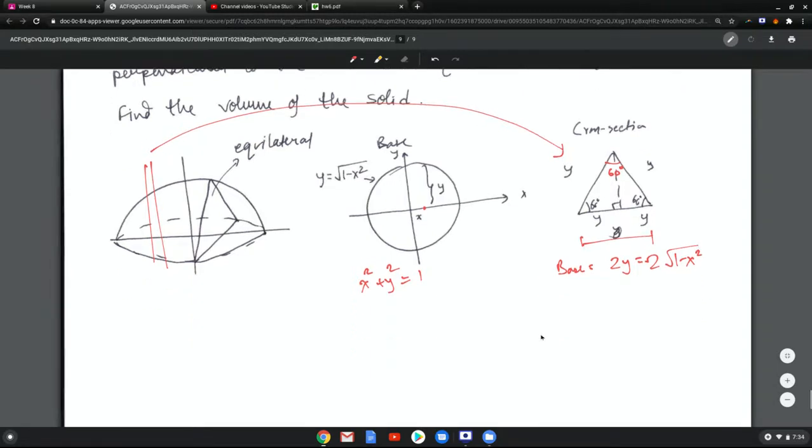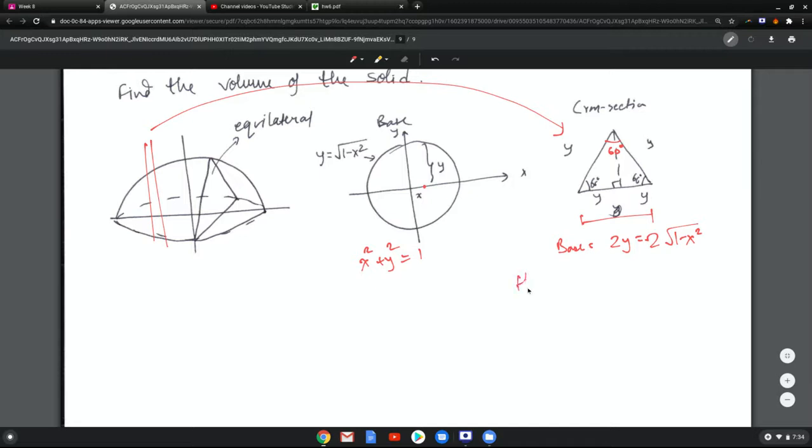Now, the height of an equilateral triangle is root 3 times y, which you can figure out using trigonometry. And that's going to be root 3 times root of 1 minus x squared.